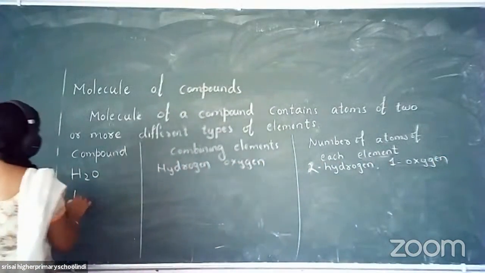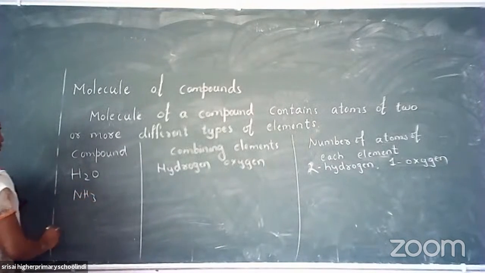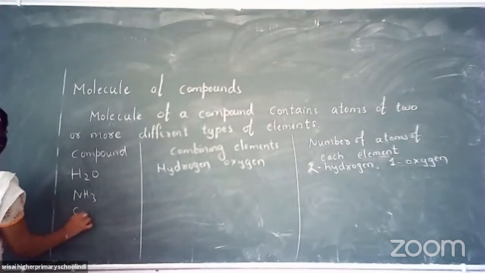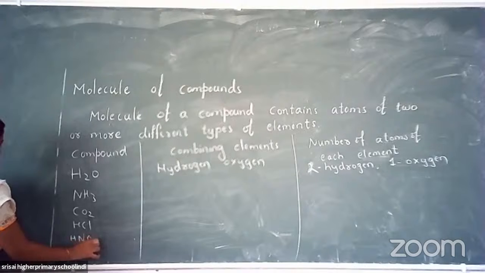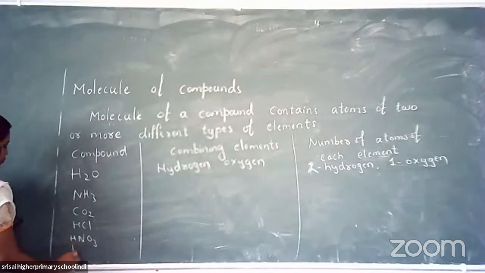So like this, we write about NH3. Next CO2 and HCl, HNO3 and H2SO4.